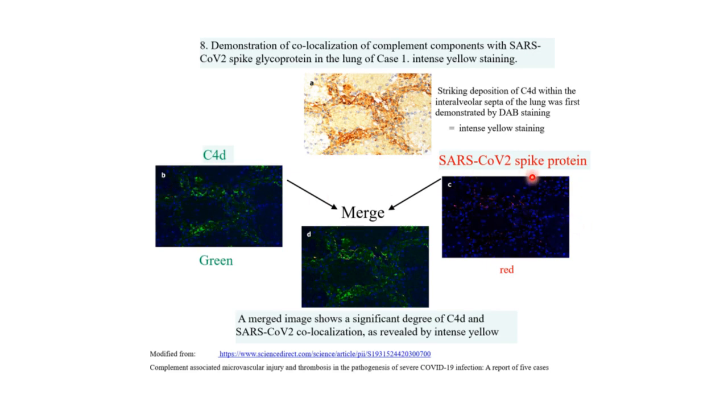Here is SARS-CoV-2 spike protein, showing that there has been infection of the endothelium. Superimpose the two together and you see C4d and SARS-CoV-2 are co-expressed. That is to say, C4d is being deposited where there has been SARS-CoV-2 infection.